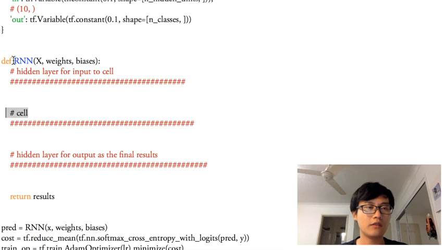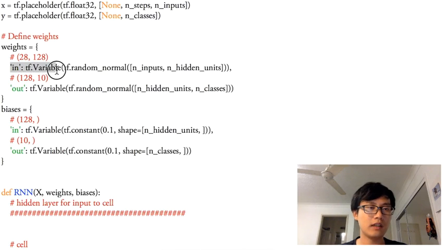For the RNN, we create 1 hidden layer for the input layer, and in the middle we create the cell. In today's tutorial, we are going to use the LSTM cell, the long short-term memory cell. And here, this one is the output layer.